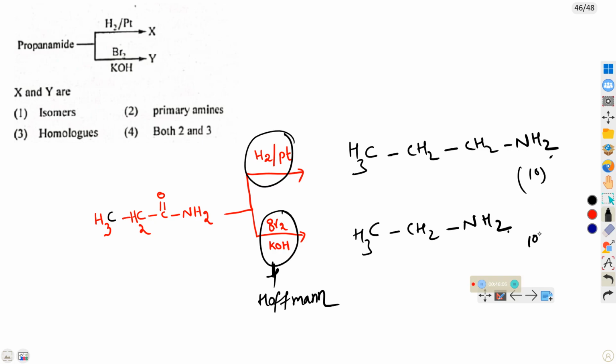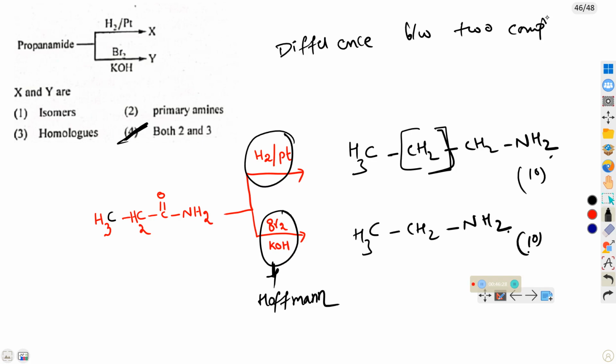This is also 1 degree amine. For both the products, difference is a CH2 group, so it is homologous. Correct answer is both 2 and 3. Difference between two compounds is CH2 group. Then that is considered as homologous series.